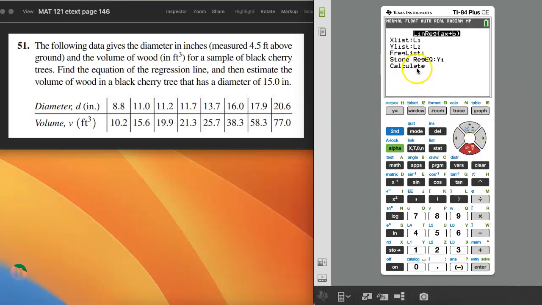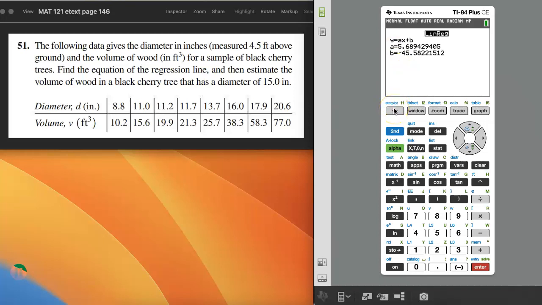Scroll down to where it says Calculate, and also press Enter. Jot down these values for A and B, and notice where they go in what the calculator is calling its linear regression equation. It's y equals ax plus b. Normally we say mx plus b, they're using a and m interchangeably here, or they're meaning the same thing, in other words.